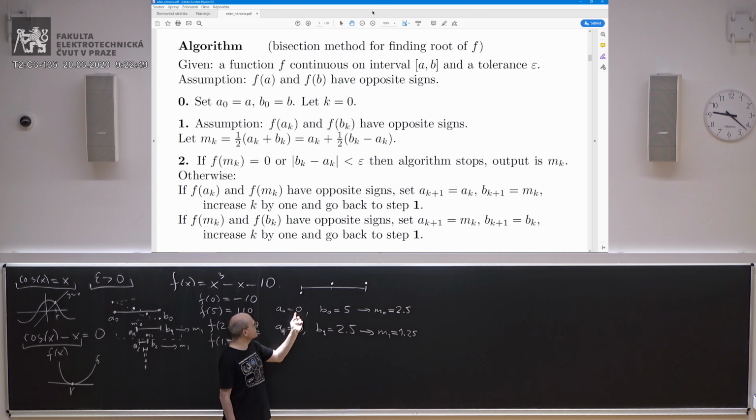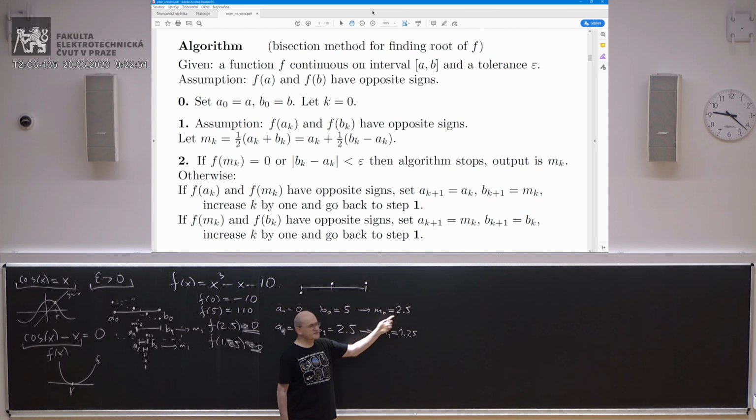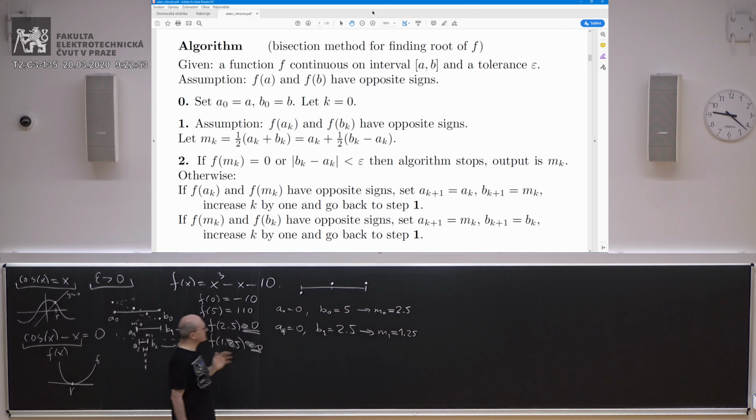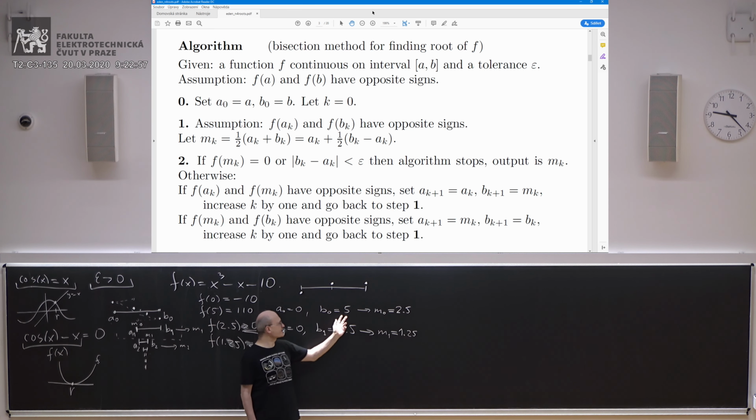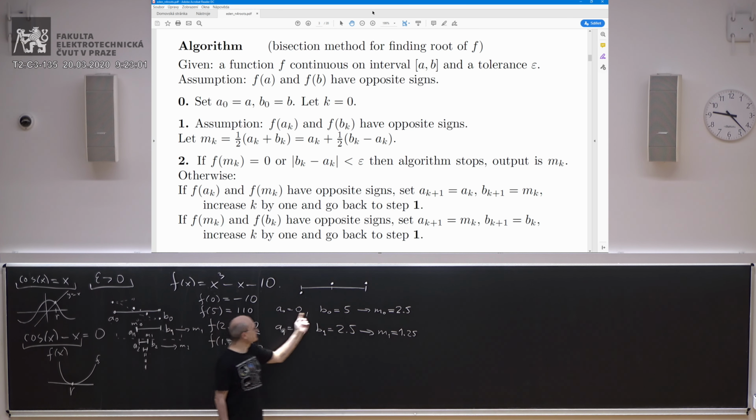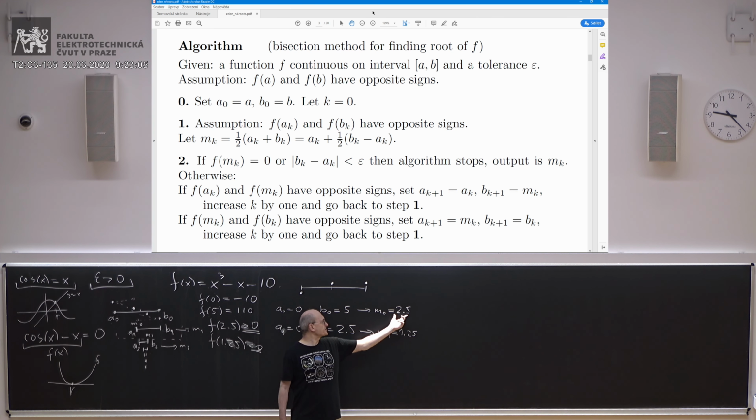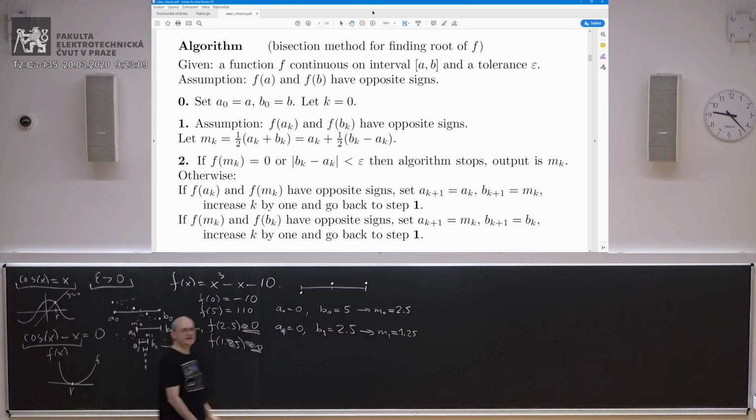If I use the formula (0 plus 5) divided by 2, this can get into trouble if those numbers are really close and the round-off errors start playing. It can happen that when you add and divide by 2, you get a number which is actually outside of this range, which sounds weird, but this can happen.